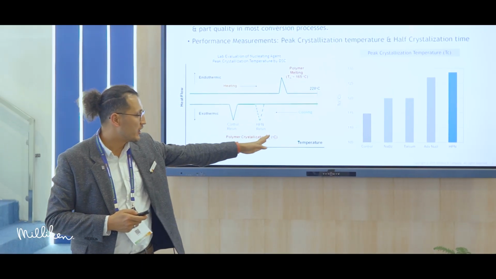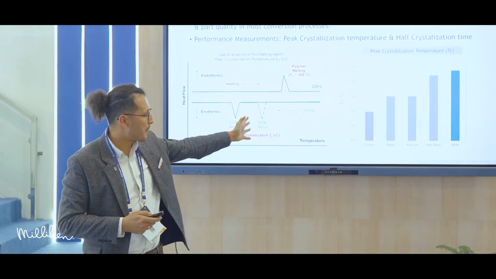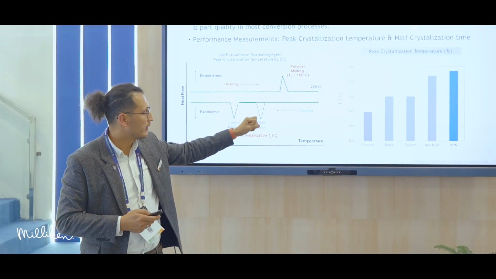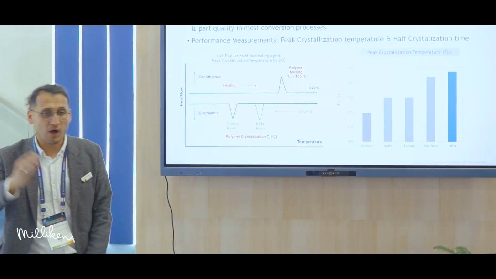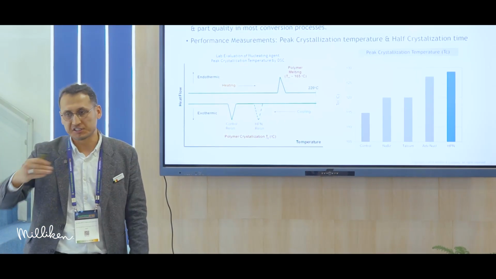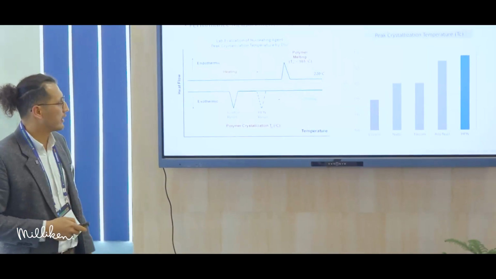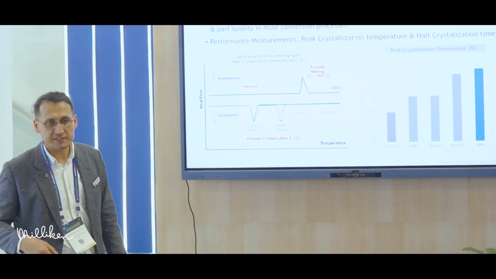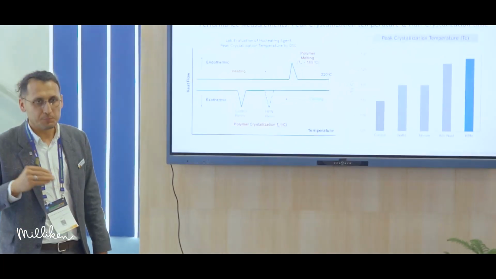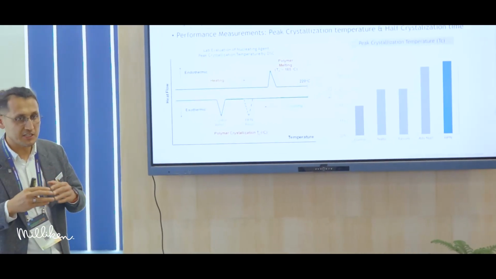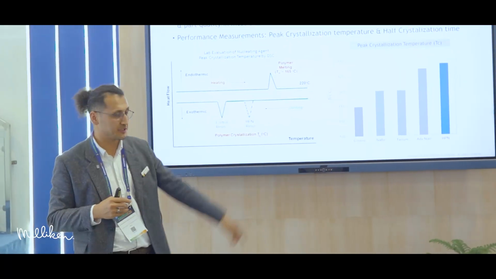But you can see there are different types of nucleators, right? And one will differ from another in terms of TC. And we have one nucleator that is giving the best TC in the industry for the specific application.